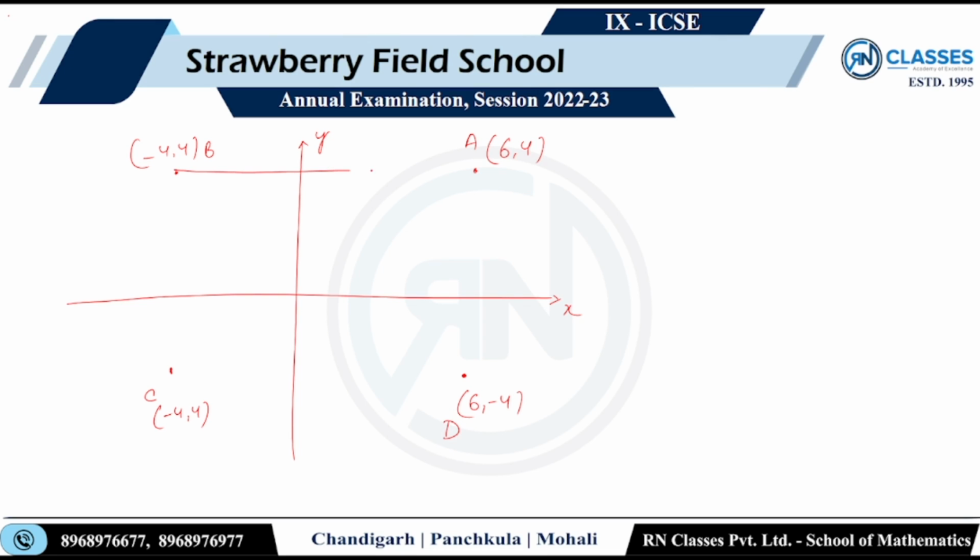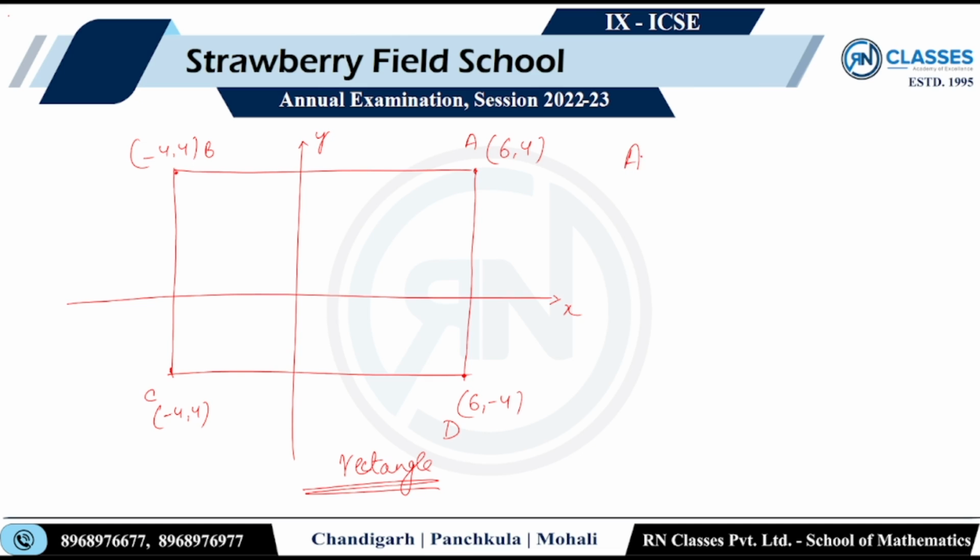So, if you join these, आपने तो ग्राफ पेपर पे बनाया होगा, it would be perfect in every sense. If you join these, you will form a rectangle. You have to write it to get marks over here. Rectangle is over here.